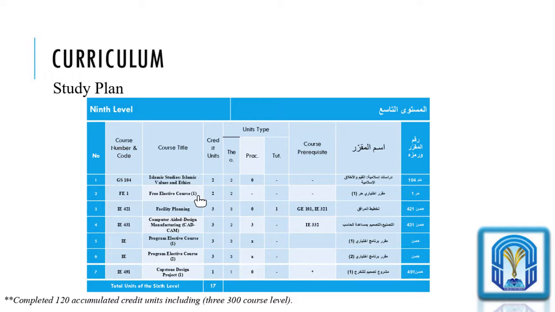In the senior level, as we said, you will deal with more electives and fewer core courses. The only 2 core courses in the ninth level will be facility planning and computer-aided design. Usually facility planning will help you in the capstone design project if you need to do it.